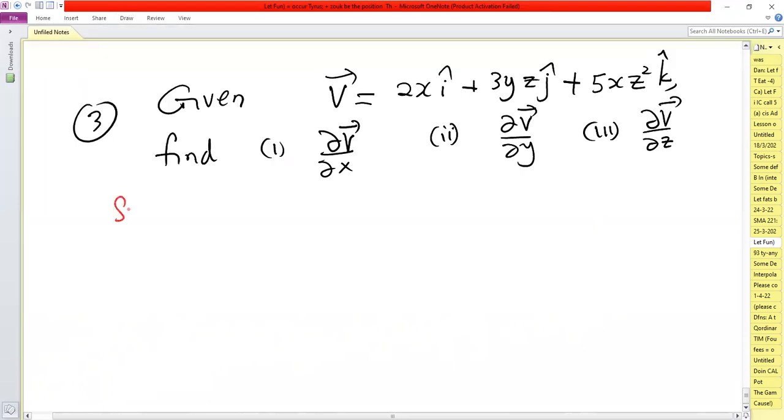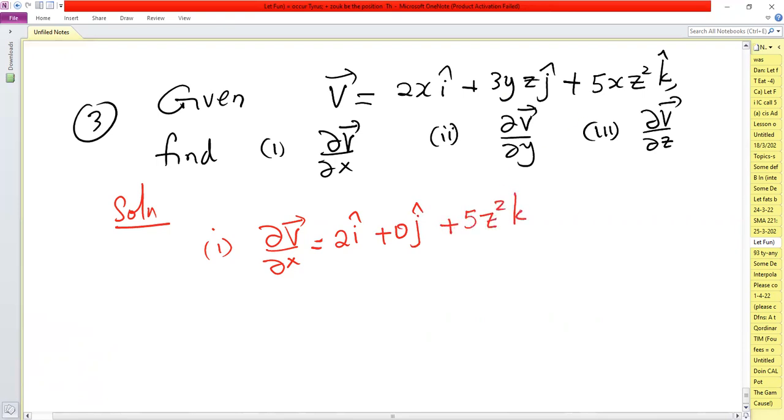So here, solution: for 1, partial v partial x, the i component you get 2i, the j component is 0, the k component is 5 z squared k. So which you can just write 2i plus 5z squared k.